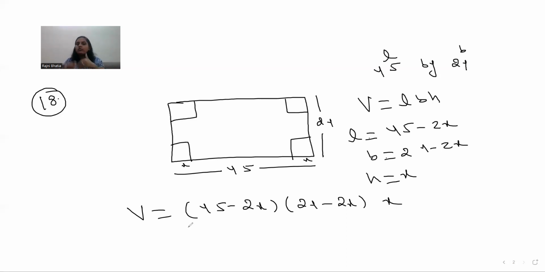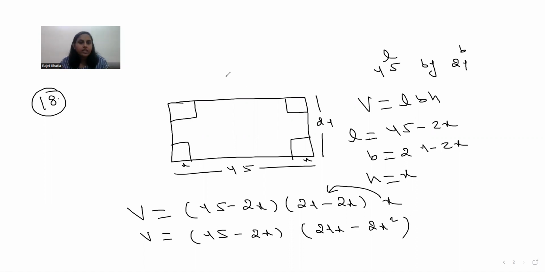Now, we are going to apply the same method. We will find out dv by dx, equate it equal to 0, find out the possible values of x, and then find out the double derivative. But in this case, what we can do is take x inside the bracket. So this will become 45 minus 2x into 24x minus 2x square.